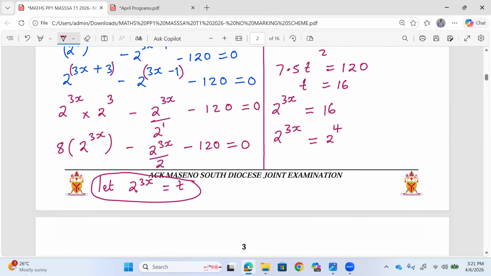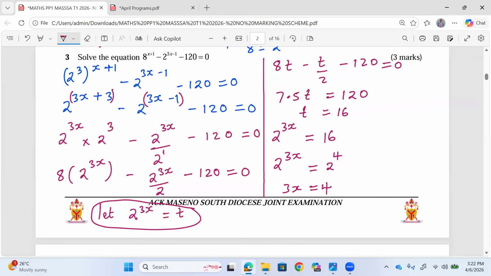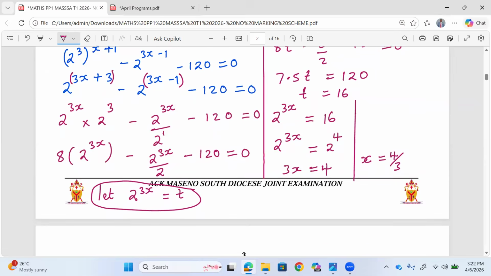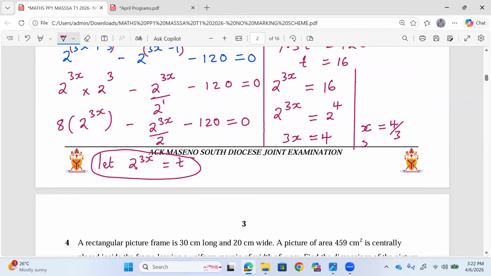Meaning that because the bases are now the same, then we can equate the powers. 3x equals 4. And to get the exact value of x, x equals 4 over 3, so that we are dividing through by 3. So that now the exact value of x equals 1 and a third.